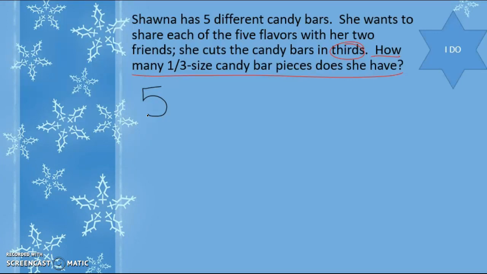So we're taking 5 candy bars and we're dividing them into pieces, and those pieces are called 1/3. How many 1/3 pieces will we have? Our unknown, which is what we're trying to find, how many 1/3 size pieces she will have, we're going to indicate using the letter A.